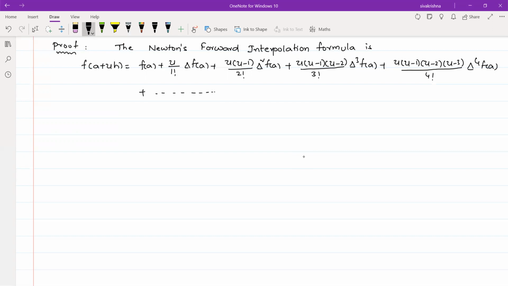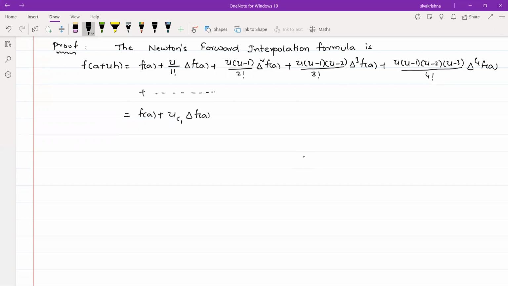Okay, so this formula can also be written as, the first term is f of a, and in the second term we have u by 1 factorial, and this can be written as uC1 into delta f of a.